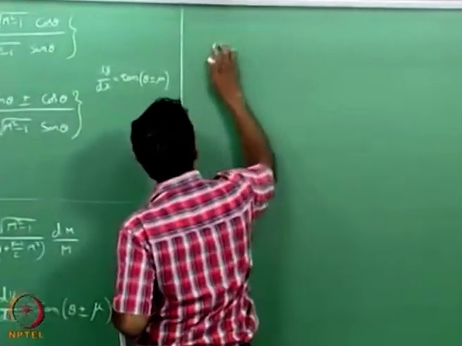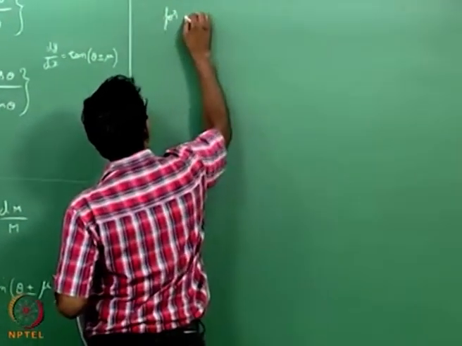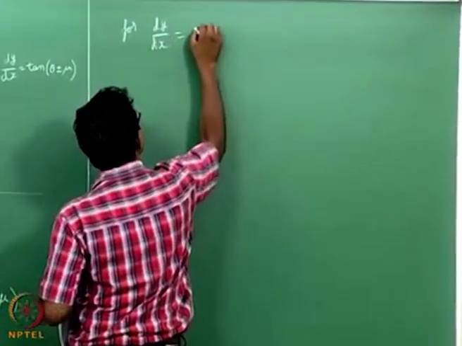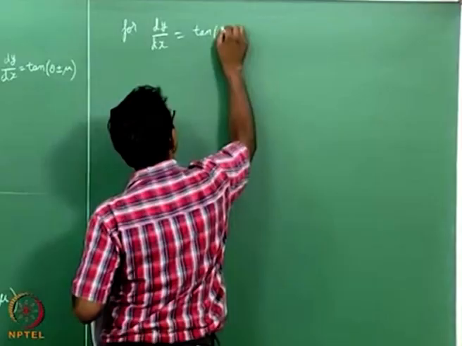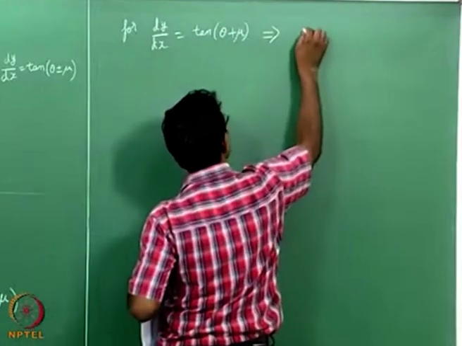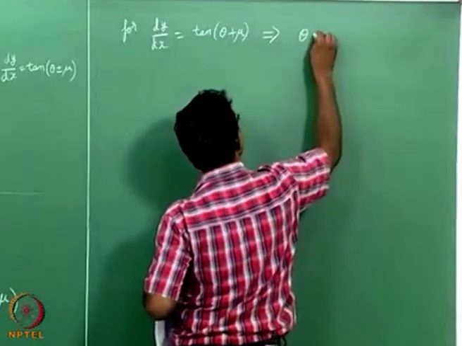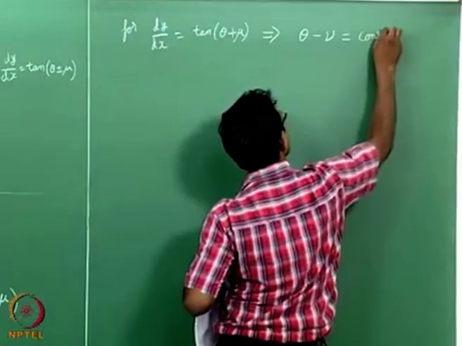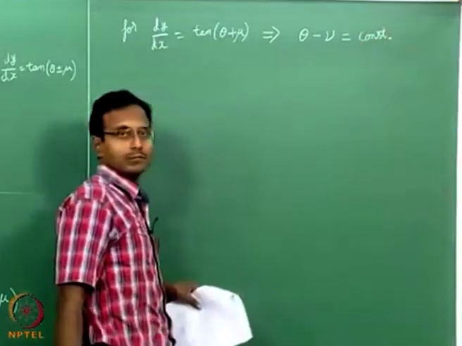We will say for dy by dx equal to tan of theta plus mu, I am going to say theta minus nu equal to constant. Okay.